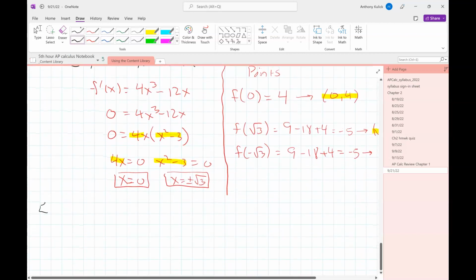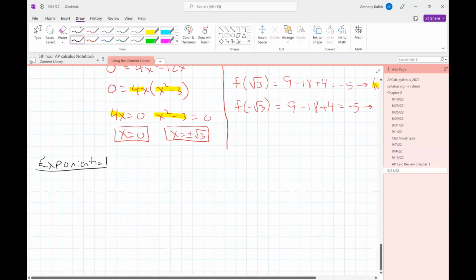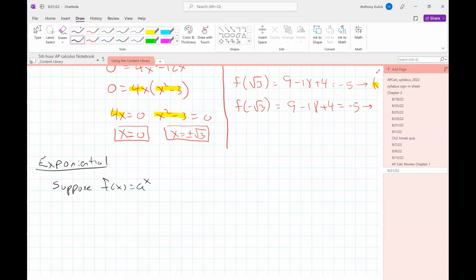Okay. That's been all about polynomials. Let's talk now about some exponential stuff. So let's suppose f of x is equal to a to the x.